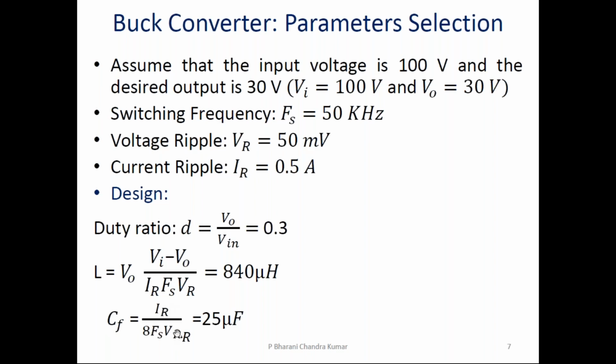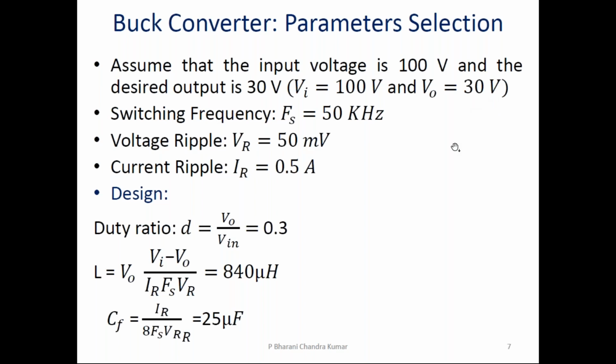This is again the formula, and substituting, I get CF as 25 microfarads. So if I substitute the duty cycle of 0.3, the inductor value of 840 microhenries and the capacitor of 25 microfarads, it will ensure that my step-down voltage will be 30 volts.